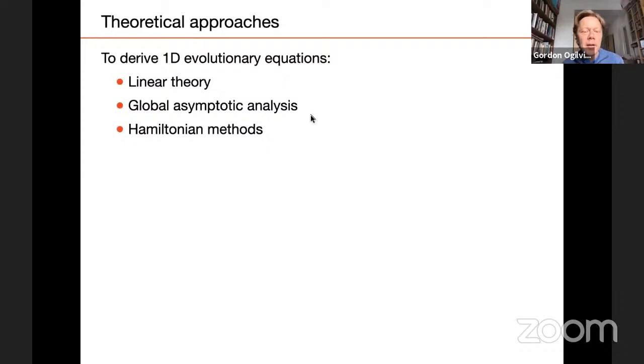And I'll say a bit about that in a moment. More recently, I've also been trying to use variational methods to derive these equations. I probably won't say a great deal about that here, but it does provide, I think, some useful insight into what is otherwise a rather complicated set of equations.